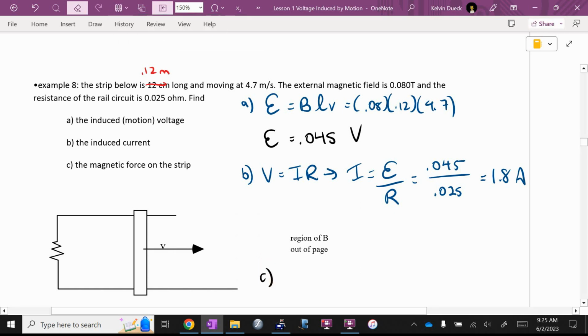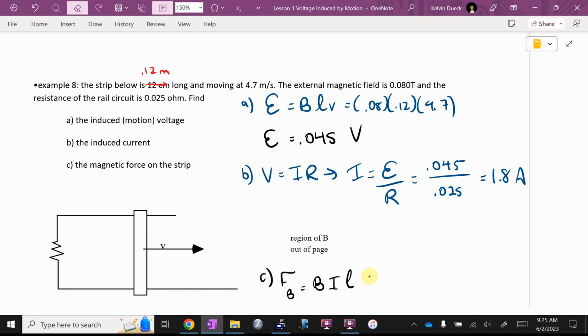C. Let's keep going. What does C want me to find? I think this is a wire, so I think we're going to use BIL, also because of what we just found in part B: current. So not QvB for a single moving charge, but for all the charges in the wire.